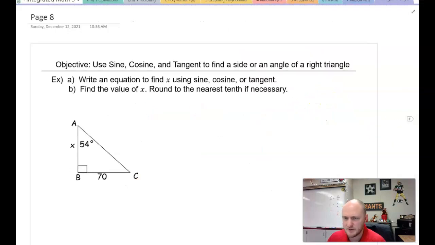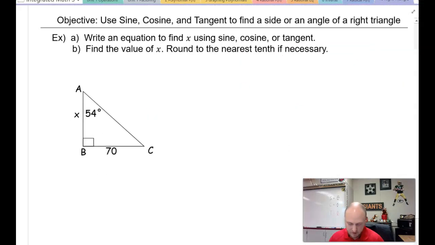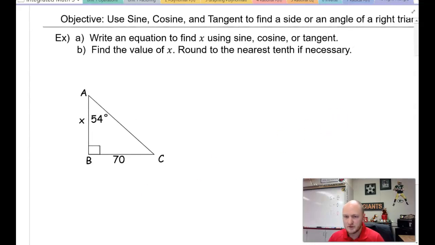Here is another example. I thought it was a practice problem. Here we go. Okay, so I am given angle 54, which is here. And then this side is hypotenuse, and I'm given opposite, and I'm looking to find adjacent.